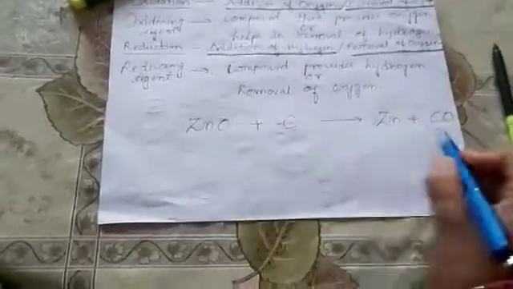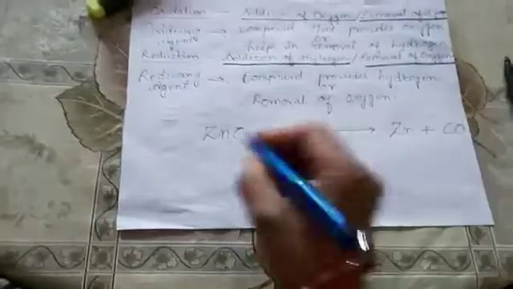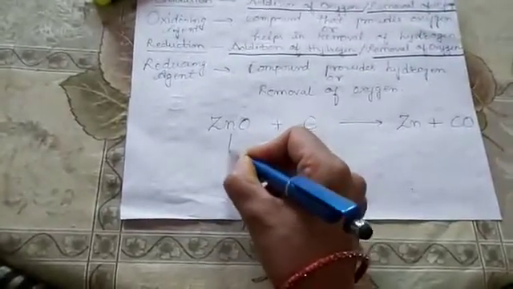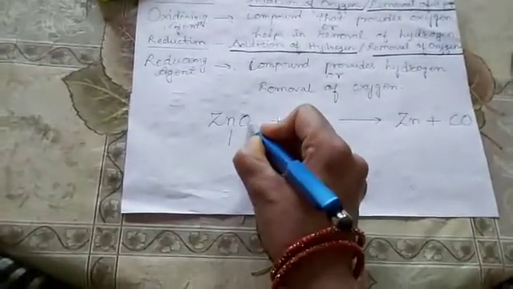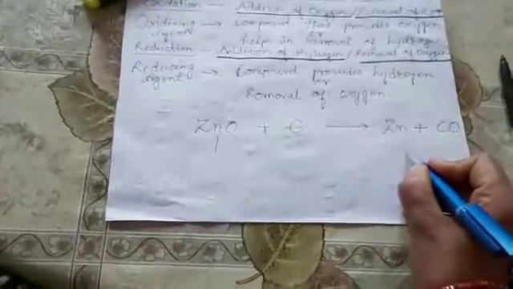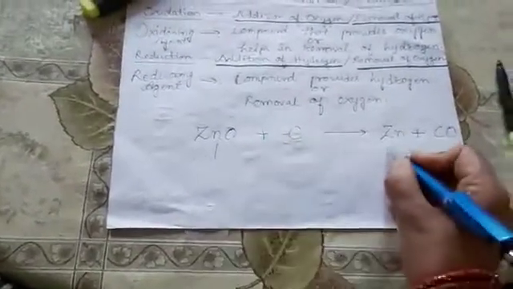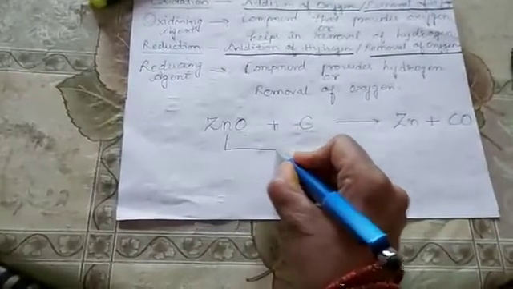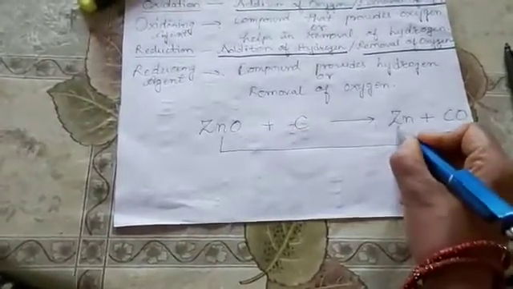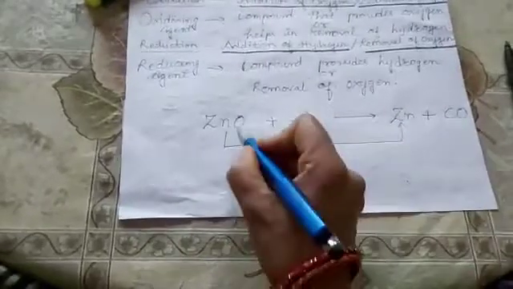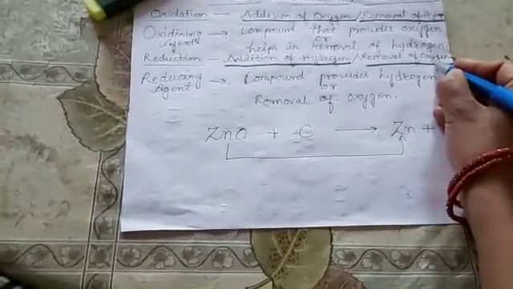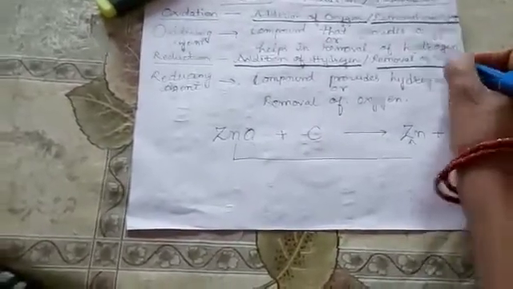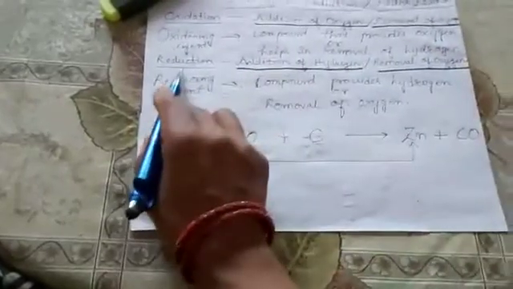So there is an exchange going on. Zinc oxide contains oxygen, but on the other side it converts itself into zinc only. That means oxygen is removed from zinc oxide. The removal of oxygen, as per our definition, is reduction.